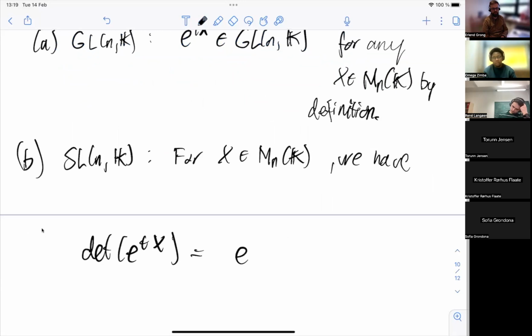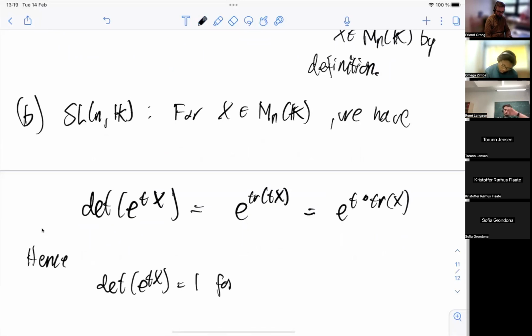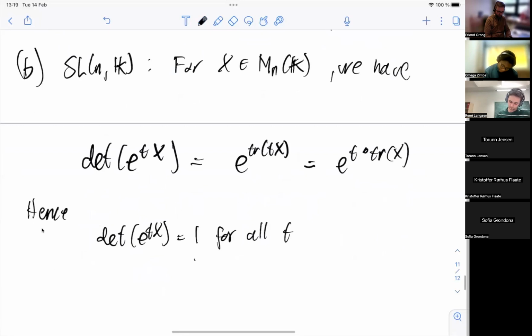We had a result earlier that says that the determinant of an exponential is equal to e to the trace of the matrix itself, which is equal to e^{t tr(X)}. Hence det e^{tX} equal to 1 for all t is equivalent to the trace of X being 0. So the logarithm of 1 is 0, so you need to have trace 0 all the time up here.